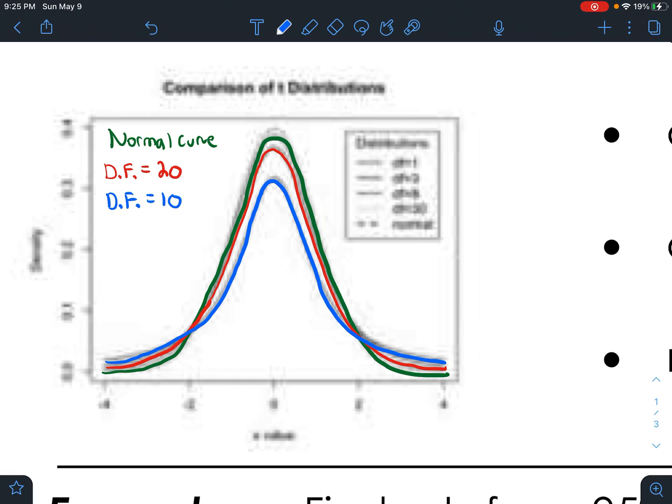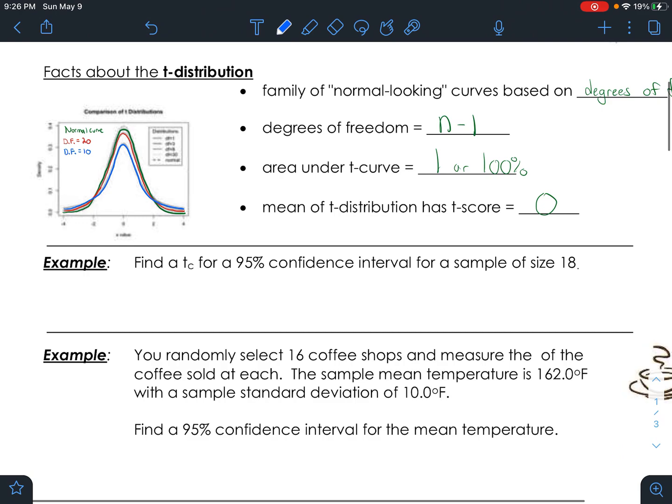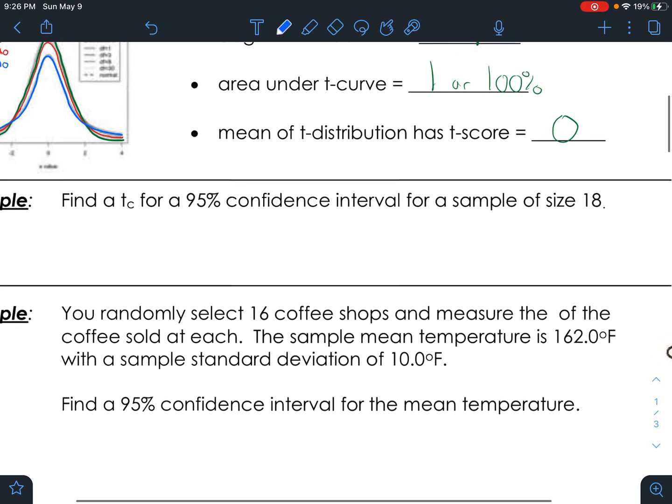By just looking at them, you would never be able to know what the degrees of freedom are. The point of this is to show how the graph changes compared to the green normal curve, which is our standard that we've been operating with. So the smaller the sample size, the shorter the graph is going to get, and the fatter the tails are going to get.